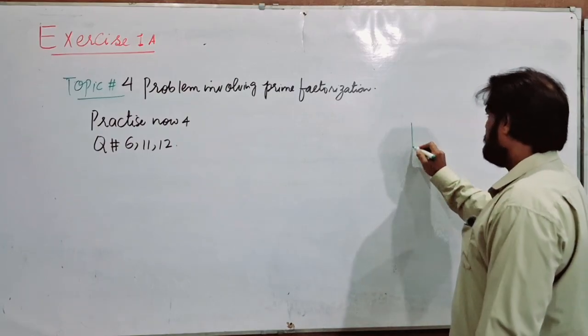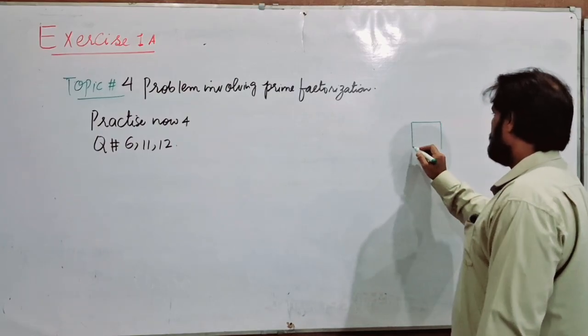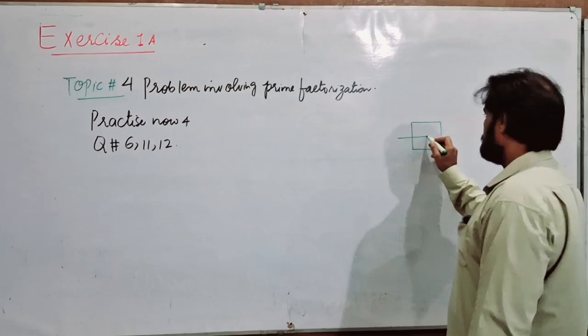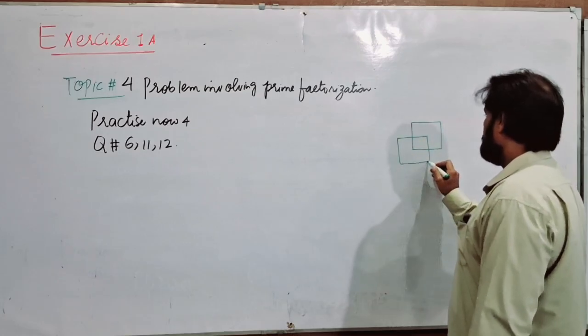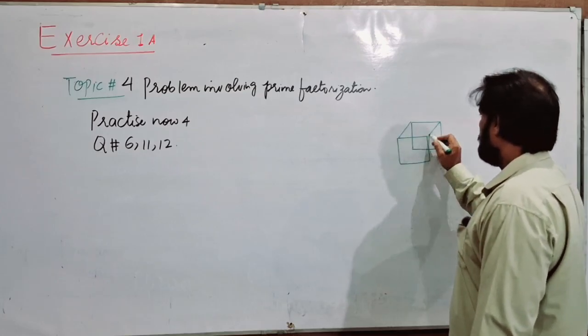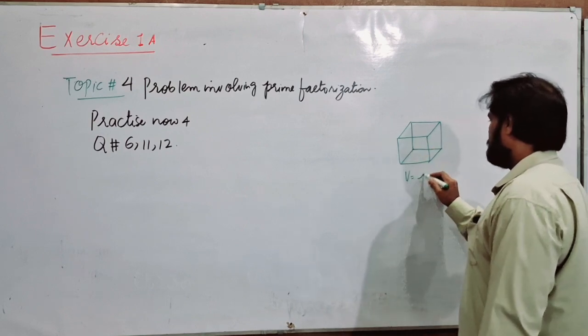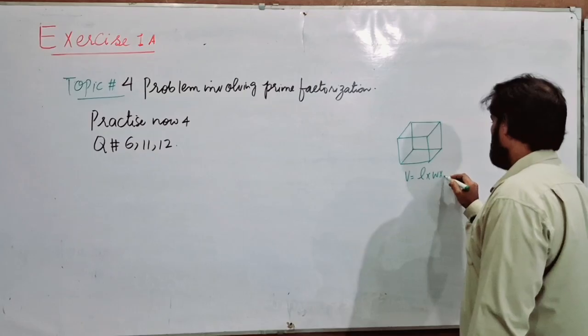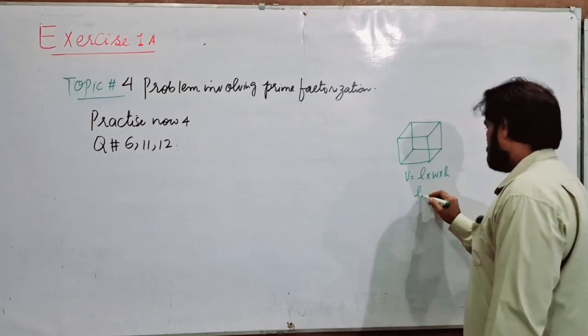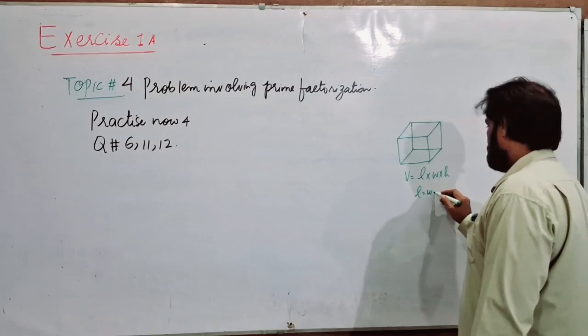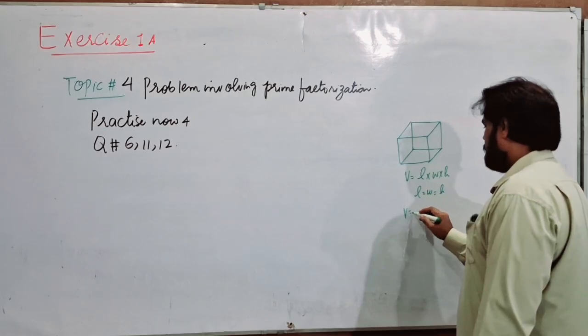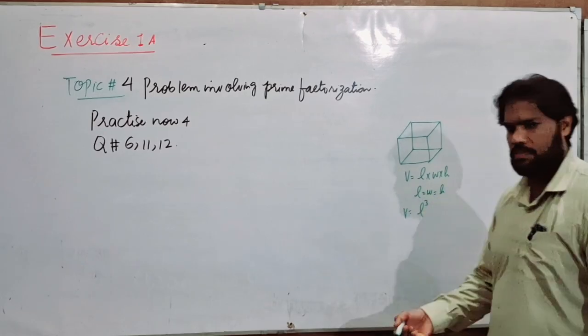In case of a cube, all of the dimensions, its length, width, height, are all equal, and its volume is given by length into width into height, where length, width and height are all equal, so volume just becomes L cube, simple.